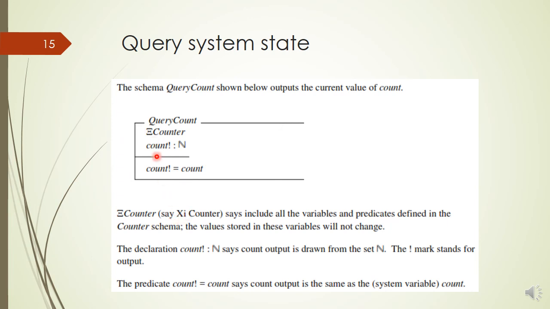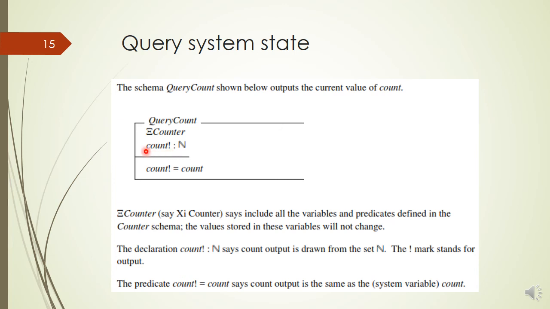This psi symbol basically mentions that this is an operation schema with no change in the system state. In order to read the current value of the system state variable, we need an output variable. Therefore we need to declare an output variable with the sign of exclamation.